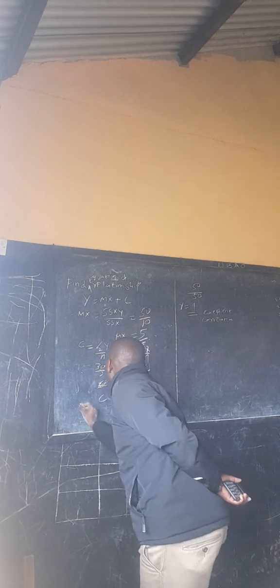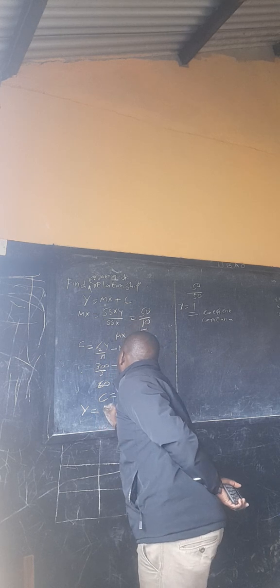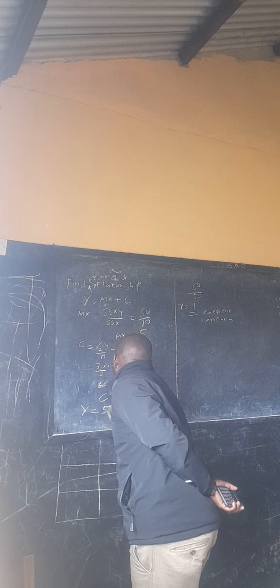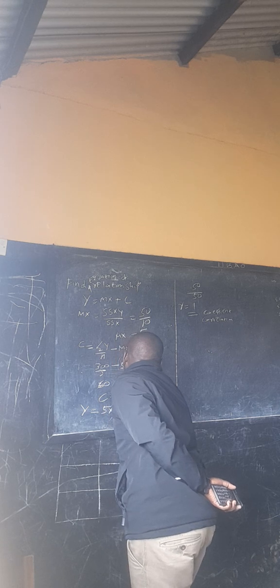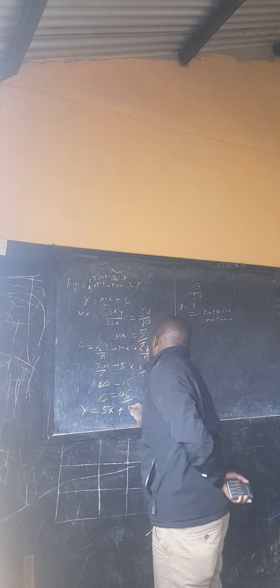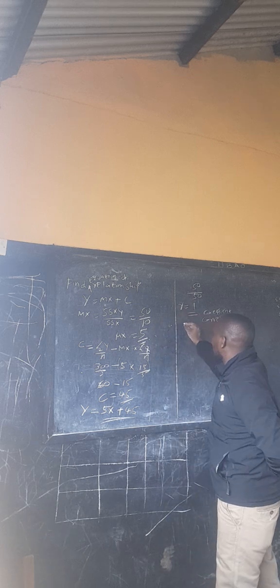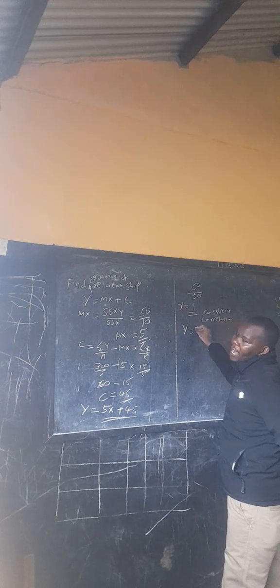So your y is equal to mx, which will be 5x. We have said our equation was mx plus c, so it's 5x plus c, which is 45. But now, because our equation was 5x, what was our x in terms of units? Our x was in liters. So it will be 5 liters.